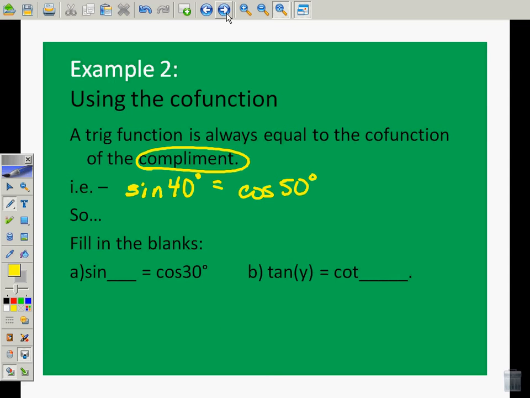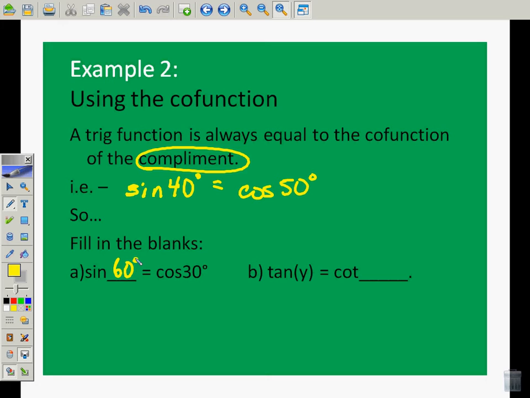So let's fill in the blanks. If I know that I've got the cosine of 30, I'm thinking, what is the complement? So 60 must go here. Okay? If I've got the tangent of y, now we're going a little abstract. We're going a little algebra on them here. What are we going to be doing here? Let's figure this out.